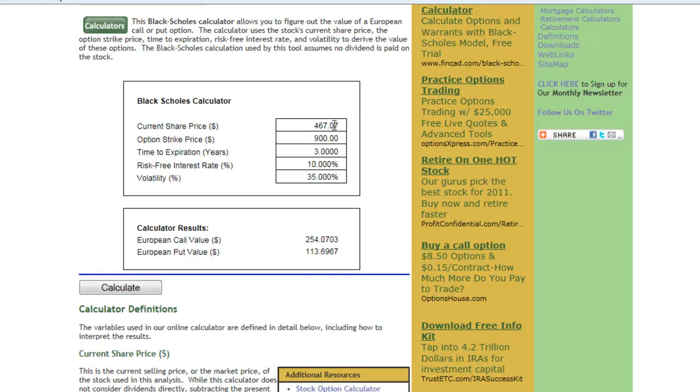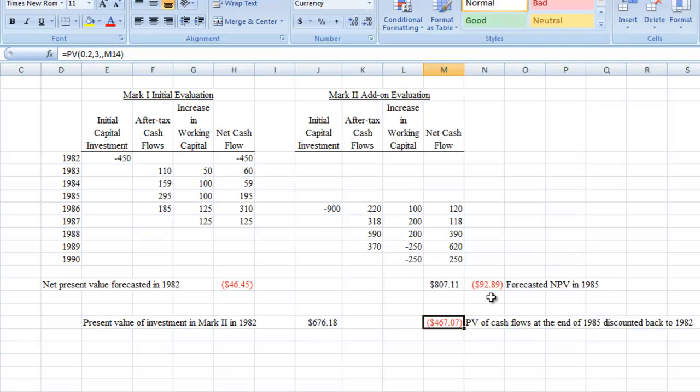And we also had our investment of $900, which is the same thing as a strike price. In other words, we have to get over the $900 investment in order to exercise the option. Otherwise, we're back to where we were here with this negative 92.89. So in order for this to work, we have to at least have a cash stream over these 4 or 5 years, whatever they are here, that exceeds that $900.